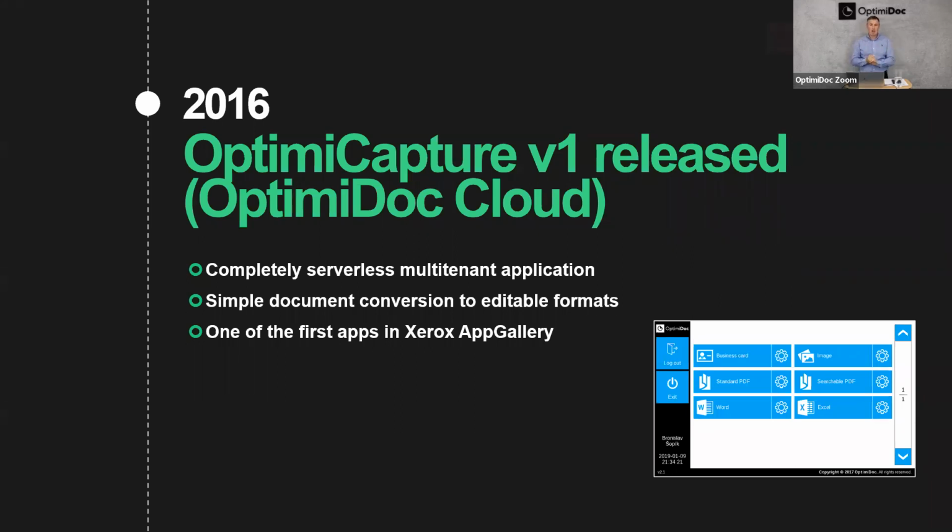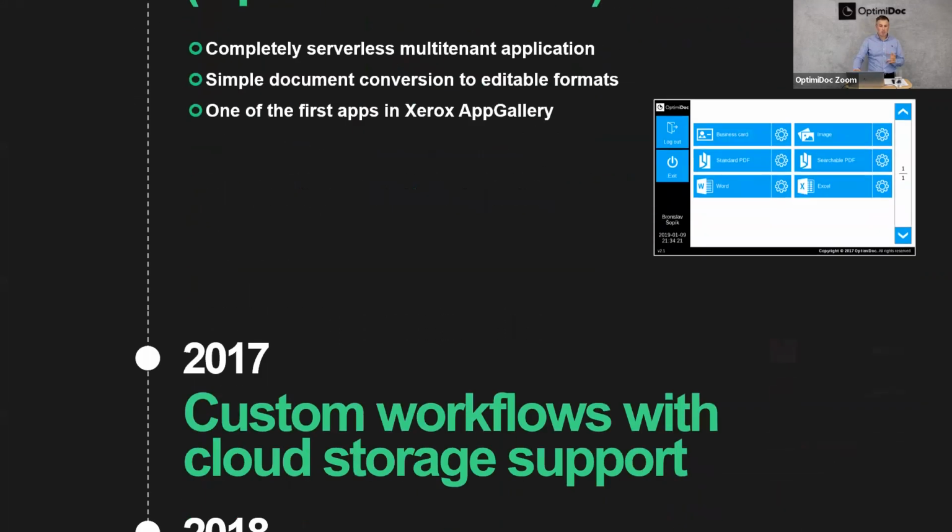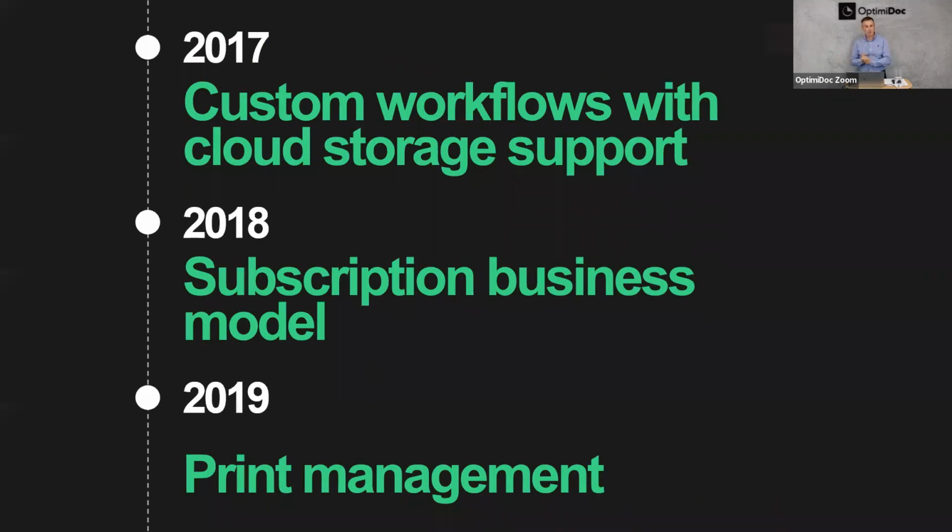During that time, we always tried to listen to our partners and customers and to bring new functionalities which move our product ahead and make it more interesting and more competitive in document capture solutions. In 2017, we came with custom workflows with cloud storage support.